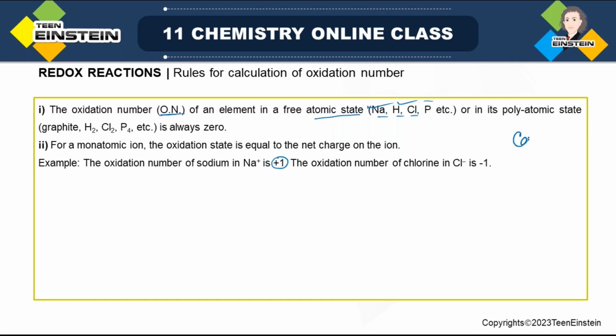Similarly, you can say monoatomic ion, calcium. Now calcium will have oxidation state +2, because sodium is from group 1, and in group 1 oxidation number cannot be more than +1. For group 1, the general electronic configuration is, after the noble gas, ns1.